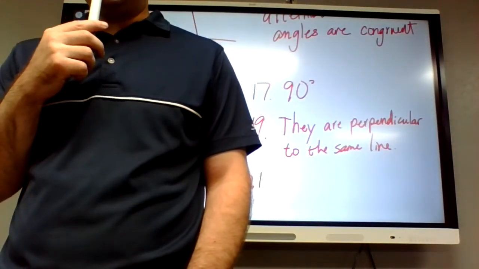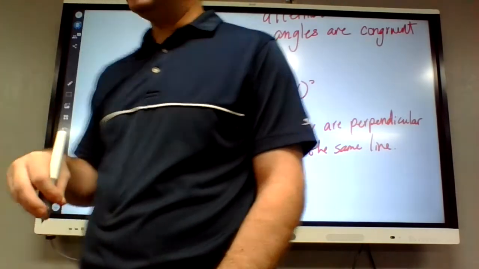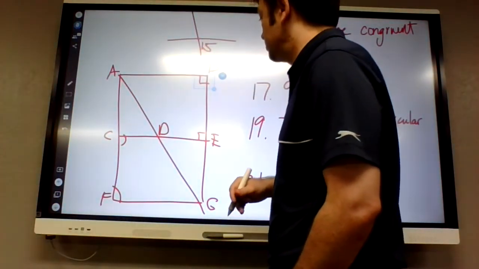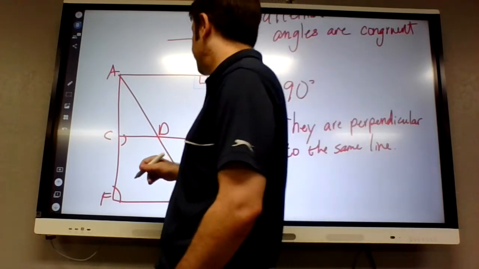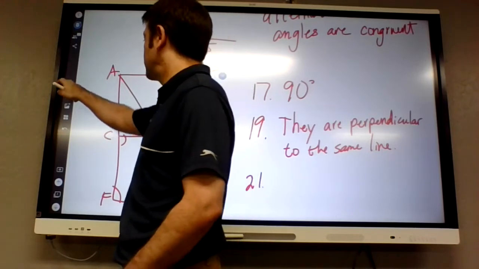Okay, name 3 angles that are congruent to angle BAD. BAD's up here. Let me change that to blue.